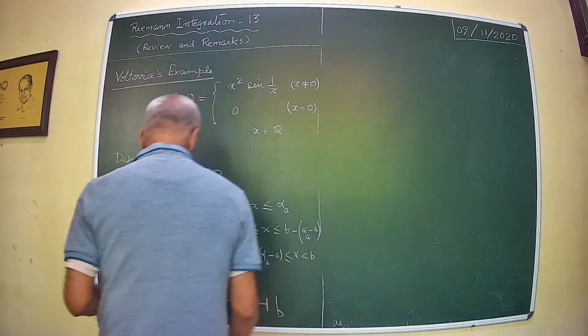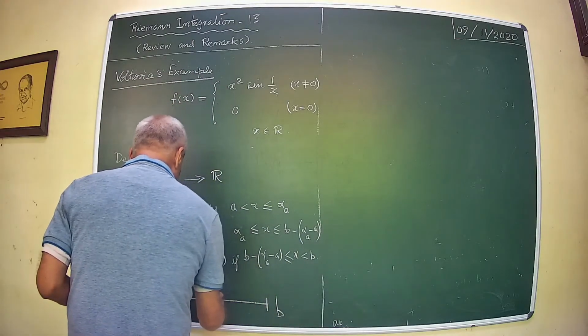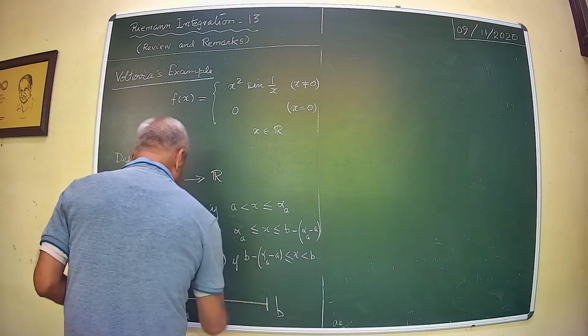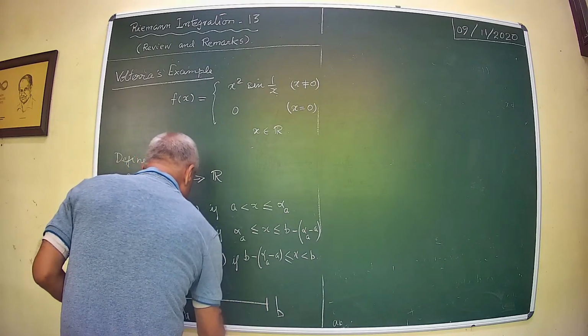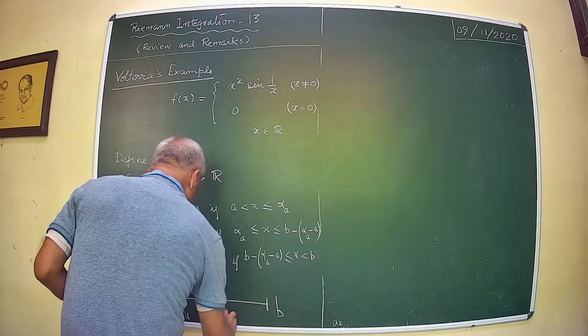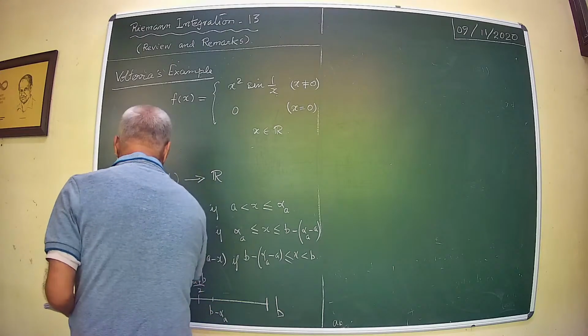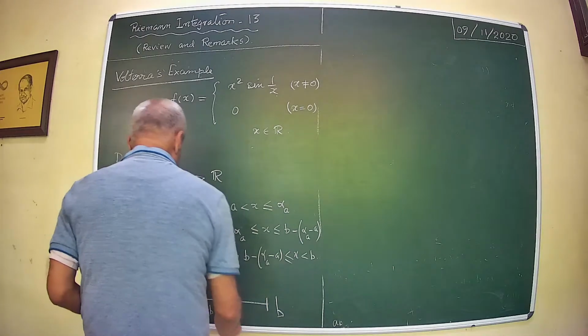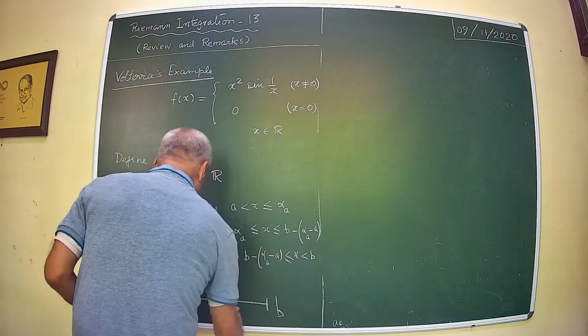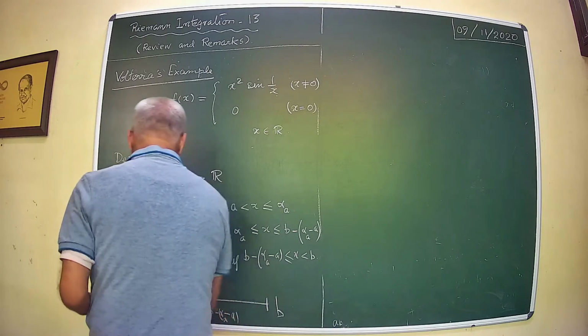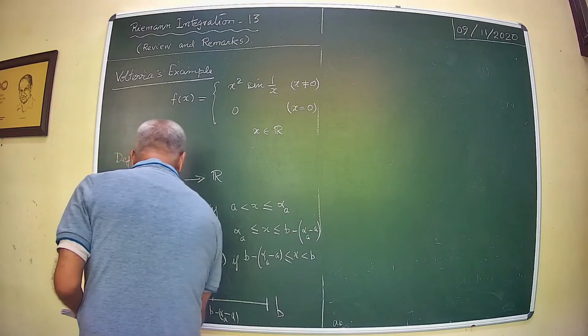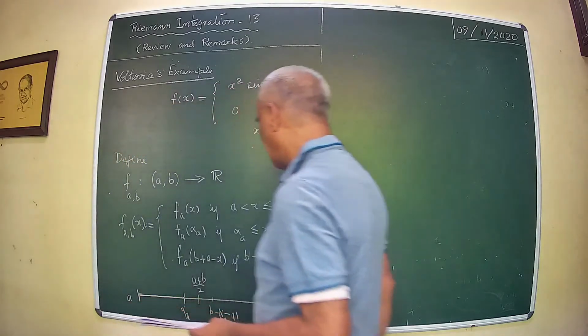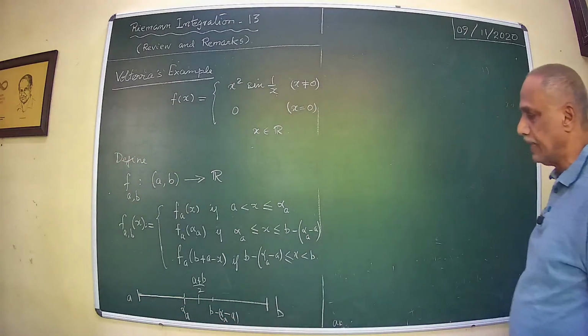What is that? This is actually b minus... that means you have a distance. The distance from a to alpha_a is alpha_a minus a.